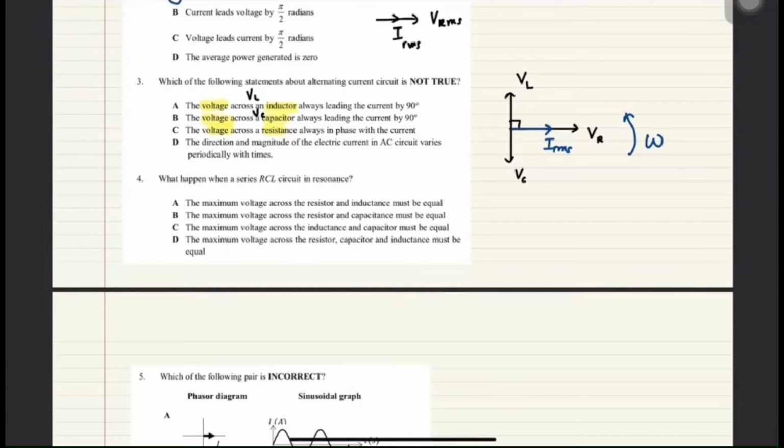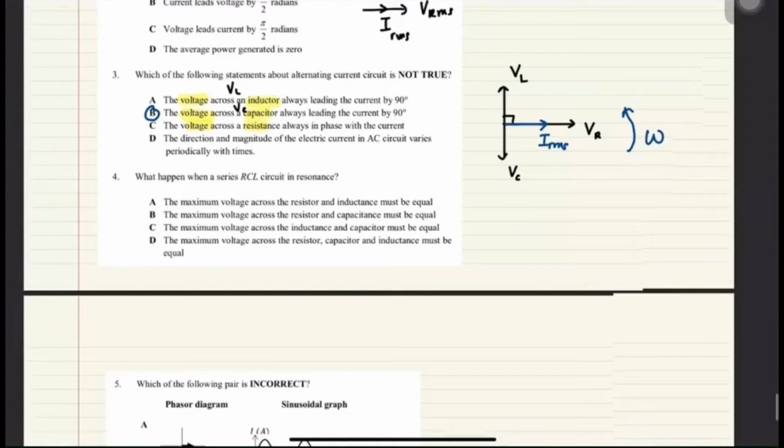That one is incorrect, because VC actually lags IRMS by 90 degrees. So the answer will be B. For C, we check the voltage across the resistance always in phase with the current. So the voltage across the resistance moves together with the current, so in phase with the current, correct as well.